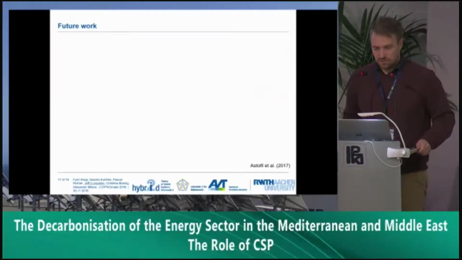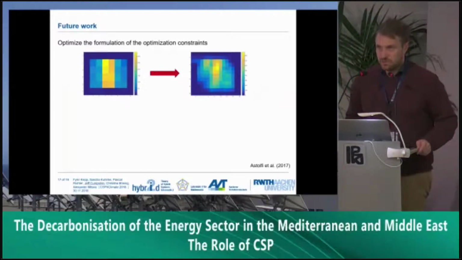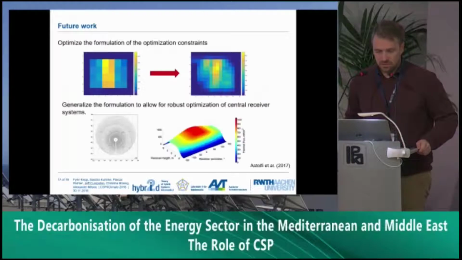So therefore, in future work, we would like to optimize the formulation of the optimization constraints in order to reduce computation time and get us closer towards that global robust optimal solution, in order for comparison to current deterministic optimization approaches.